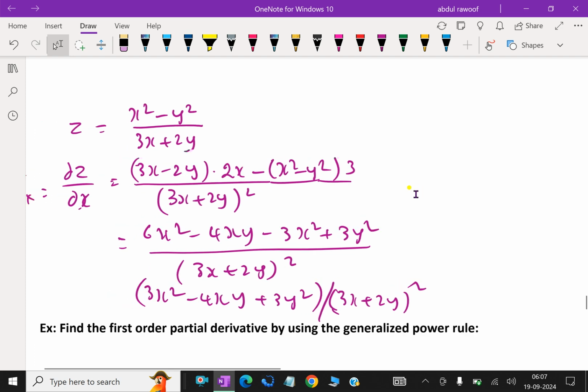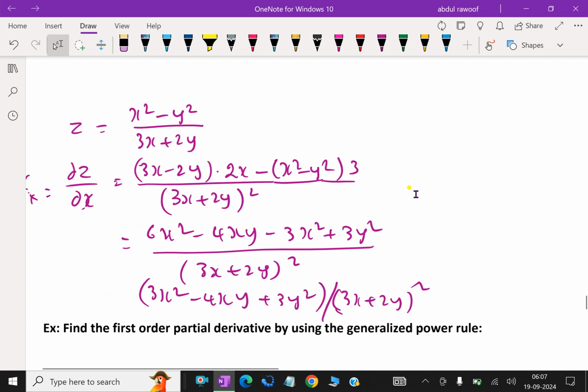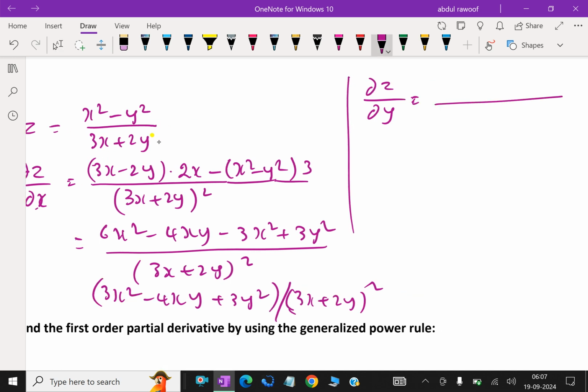Next, same we will do this quotient rule with respect to y, that is, look at here, dou z by dou y equal same denominator square, that is 3x plus 2y the square.